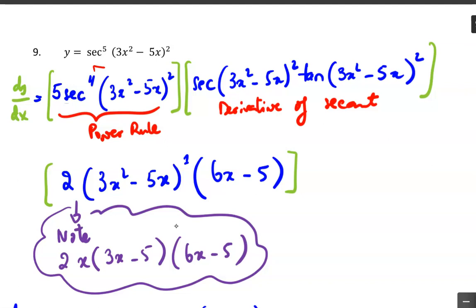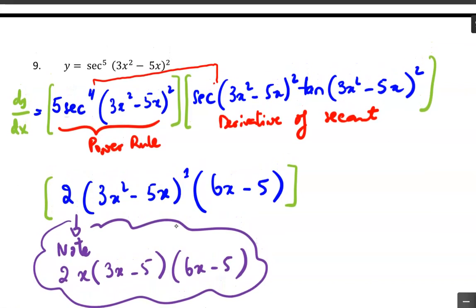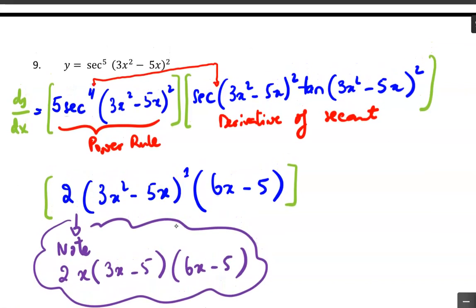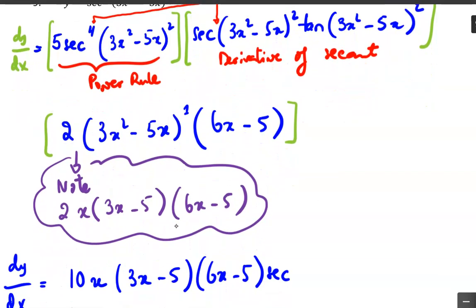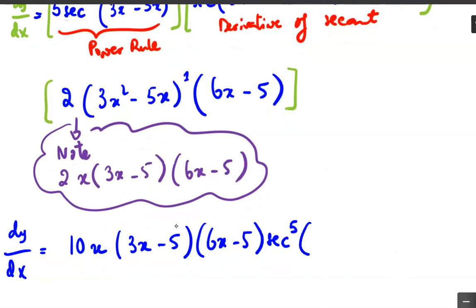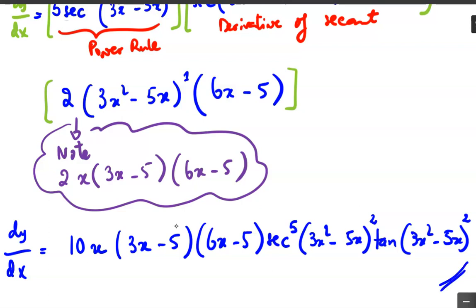Don't forget you will be combining this exponent 4 with the 1, which will be exponent 5, of 3x squared minus 5x, all of it raised to exponent 2, and then I can write tangent of 3x squared minus 5x raised to the exponent 2 as the last term.